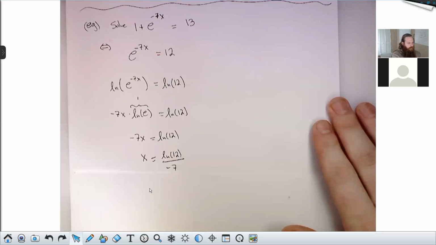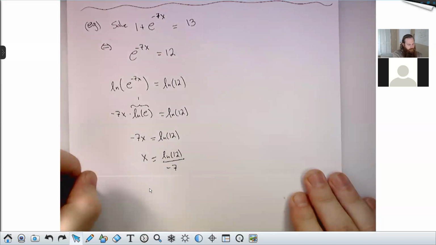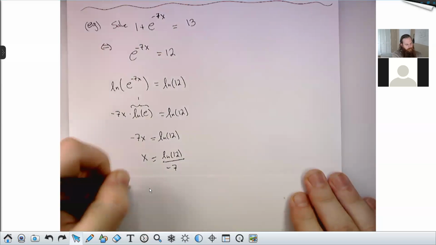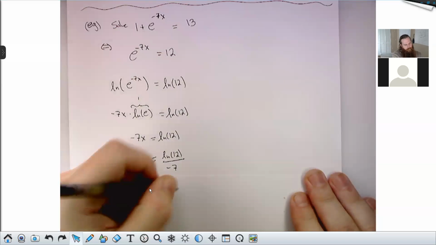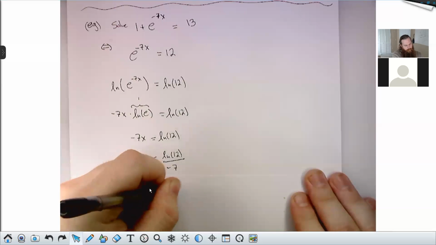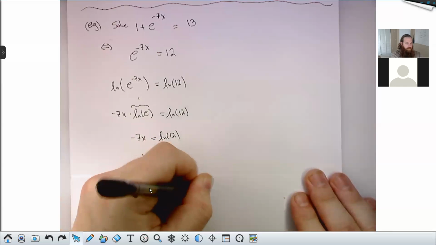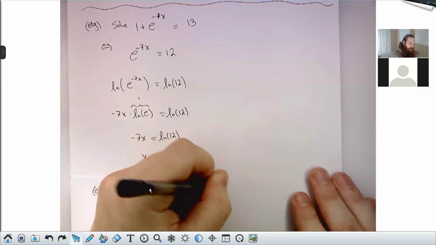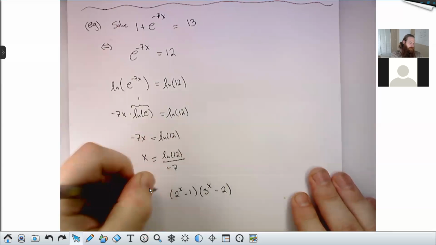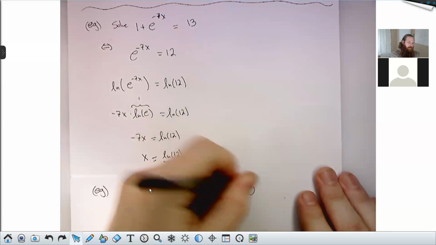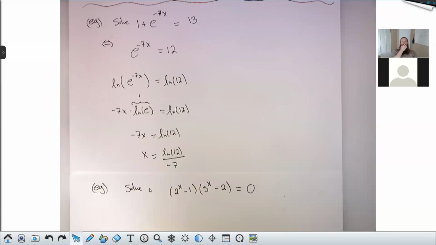Another sort of fun equation like this would be something like this.